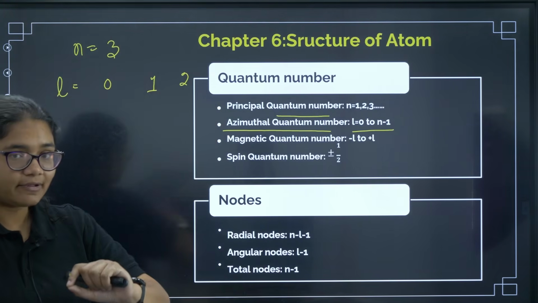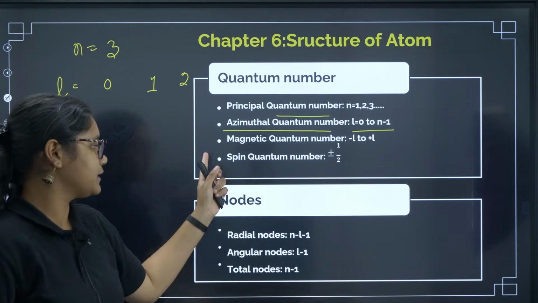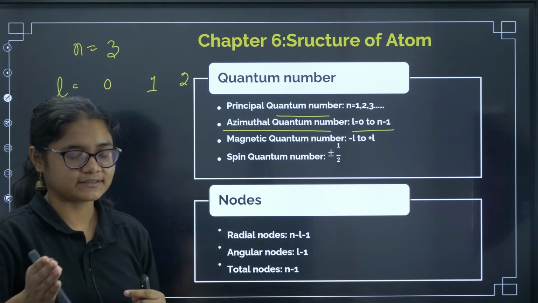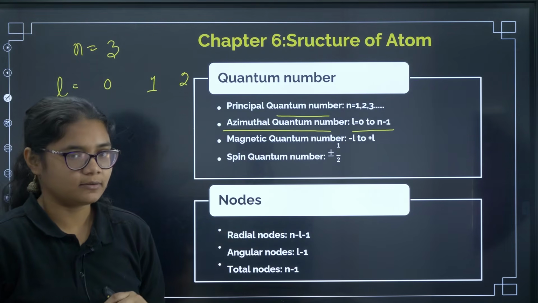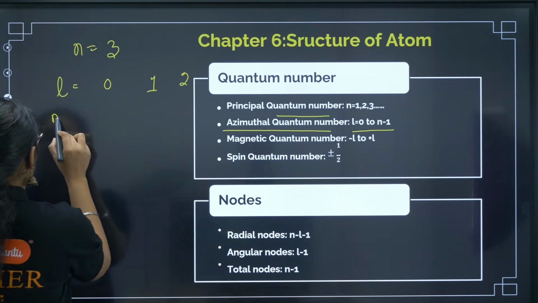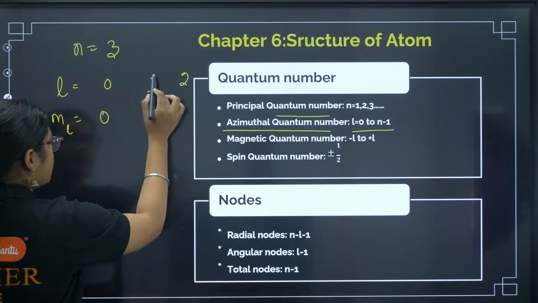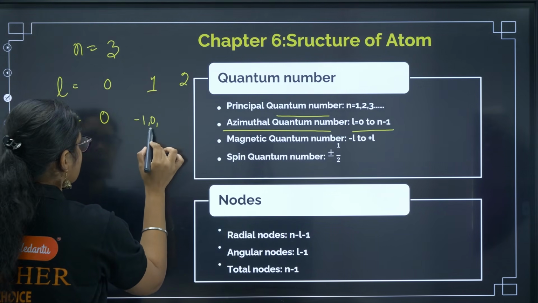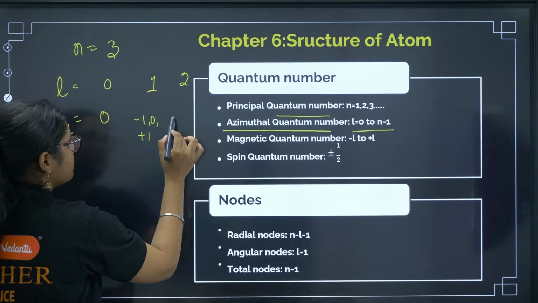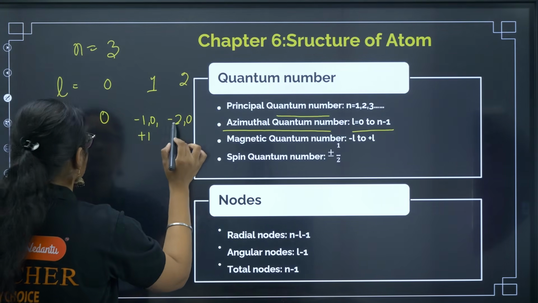Now for each L value there can be ML values. The magnetic quantum number is minus L to plus L for each azimuthal quantum number. So what will be the ML values here? For L equal to 0, the ML value will be 0.